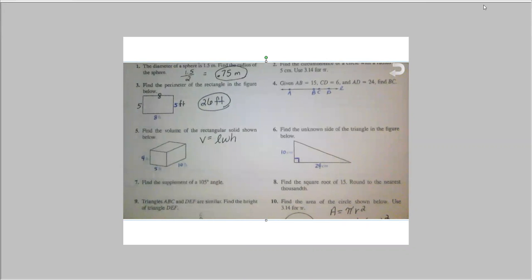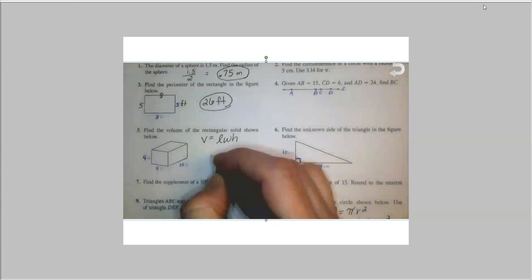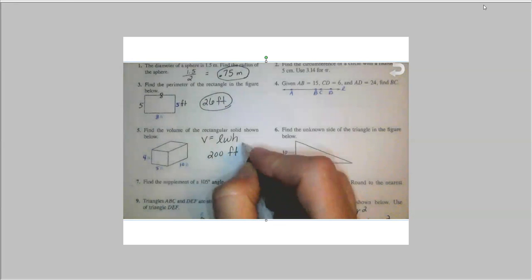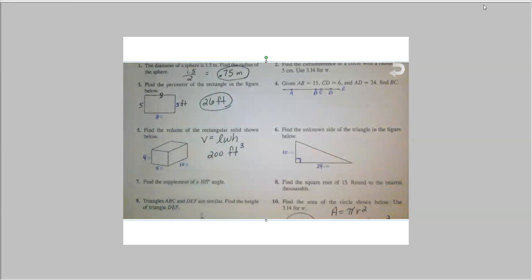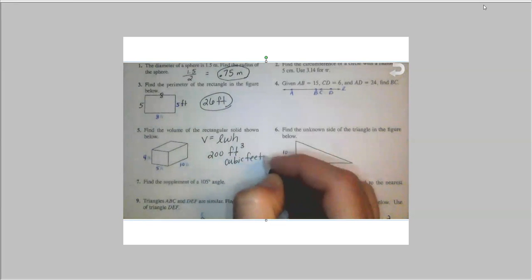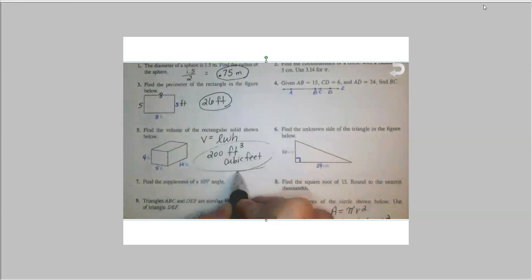Of course, multiplication is commutative, so it doesn't really matter what order you multiply. Every number is getting multiplied together. 20 times 10, that would be 200, but it's feet times feet times feet, so we call that cubic feet, feet to the 3rd power. Once again, I'm not cubing 200, I'm cubing the label, so you can label that cubic feet, or you can use the exponent feature there for volume of a rectangular solid.